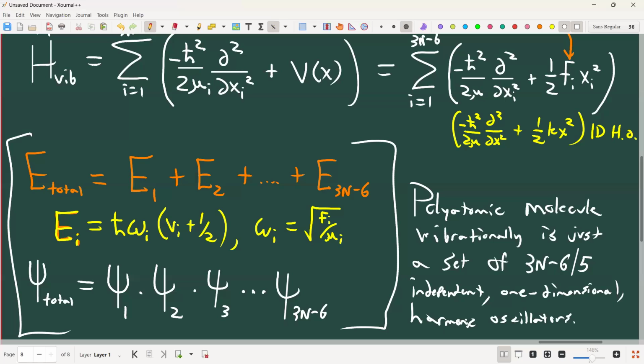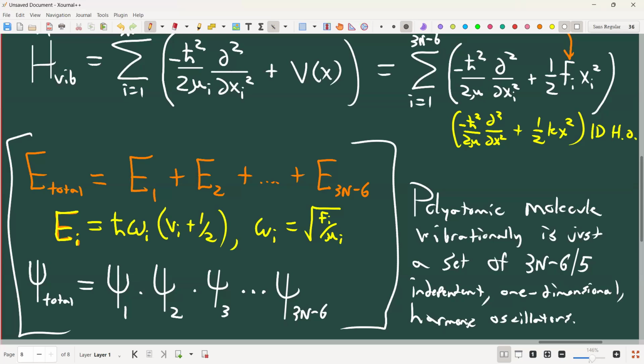So any positive definite symmetric matrix is by definition diagonalizable. You can always define a new basis of vectors where that matrix is diagonal. That's something you prove in linear algebra. Anytime you have a positive definite symmetric matrix that's a square, you can always diagonalize it.